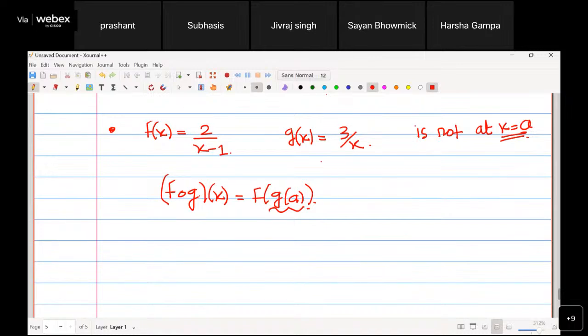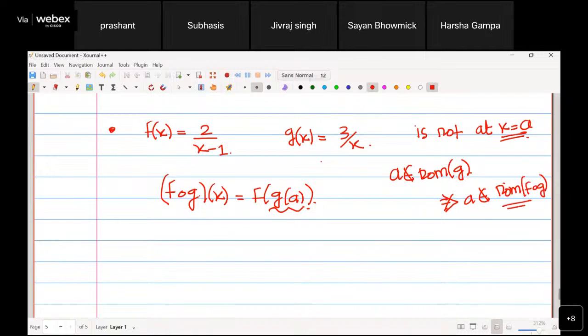So if a is not in the domain of g, then certainly it can't be in the domain of f compose g, correct?